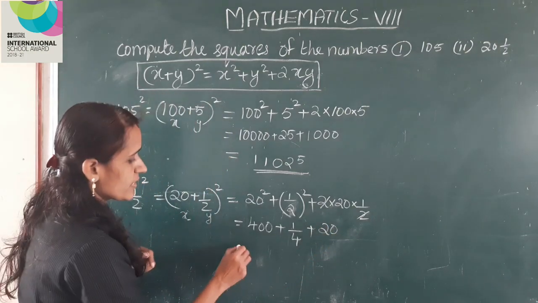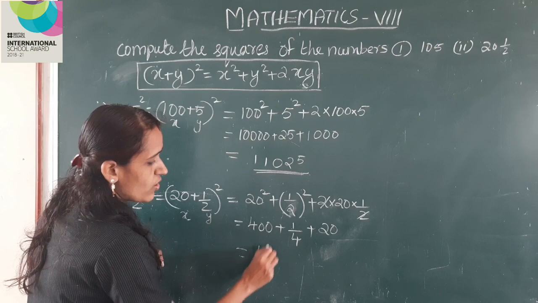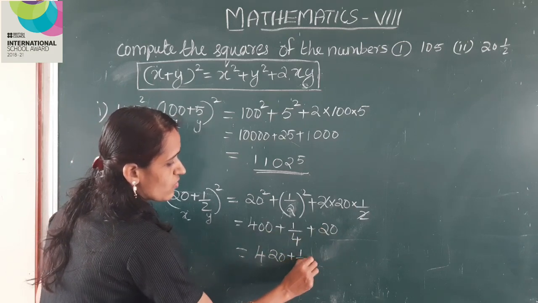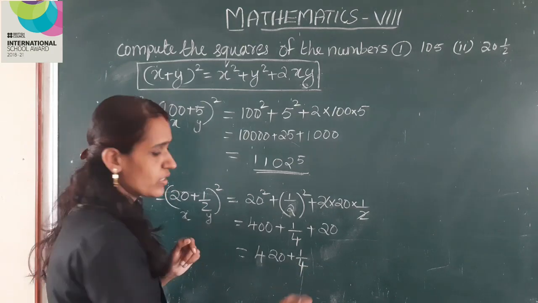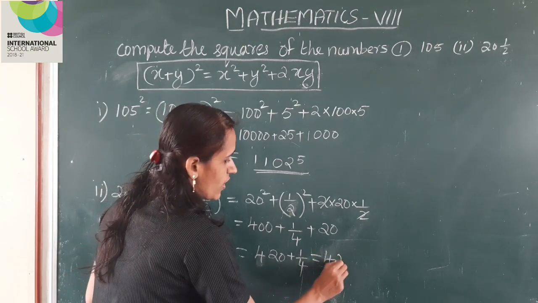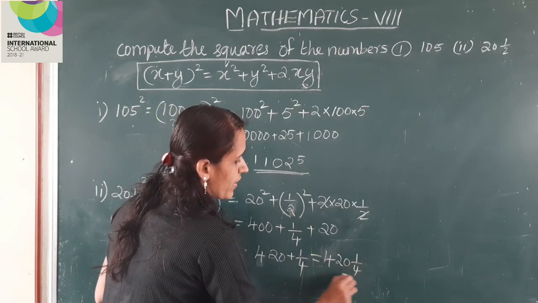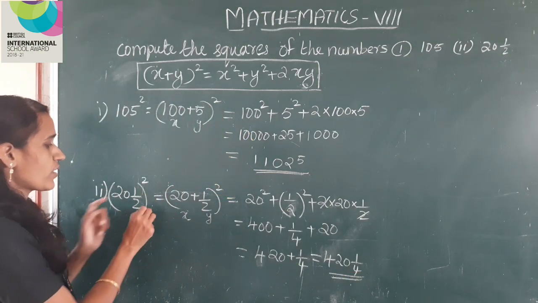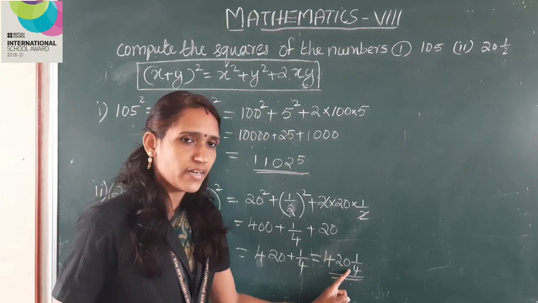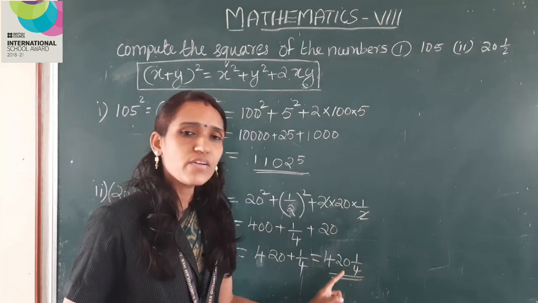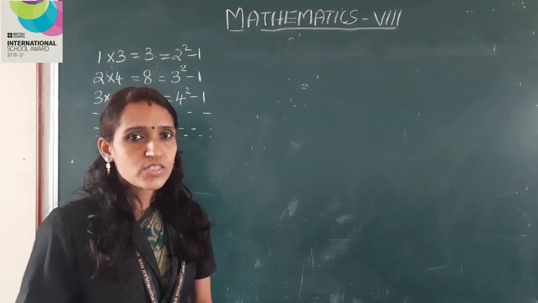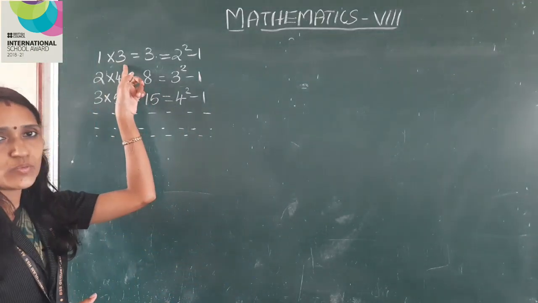This is equal to 400 plus 20, 420, plus 1/4. This is equal to 420 1/4. So 2 1/2 whole square is equal to 420 1/4. Clear, children?